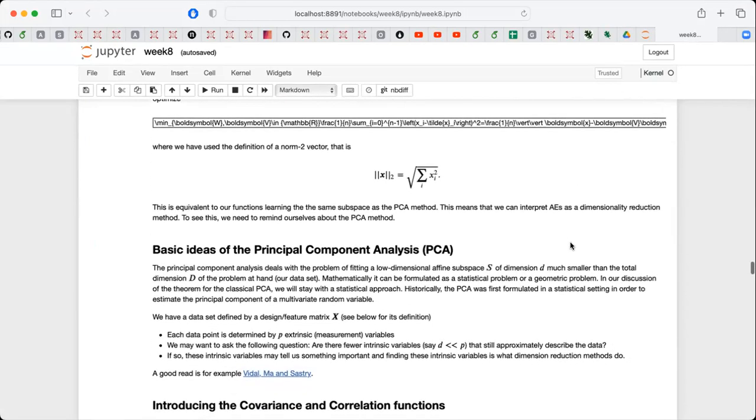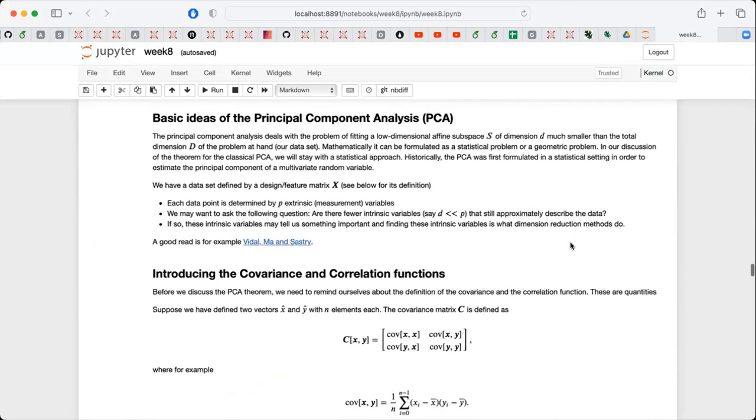But I wanted to say something about the basic ideas of the principal component analysis, and the derivations which you're going to see here. They link with the way autoencoders can be programmed if we have a linear representation between the input and the hidden layers and the output, which is given by the decoder.